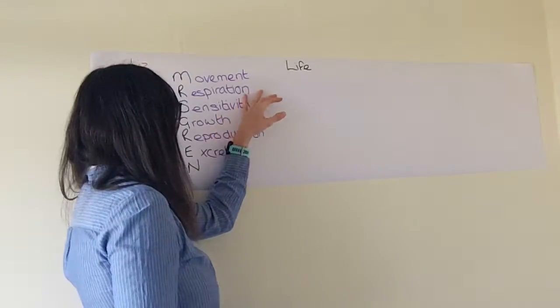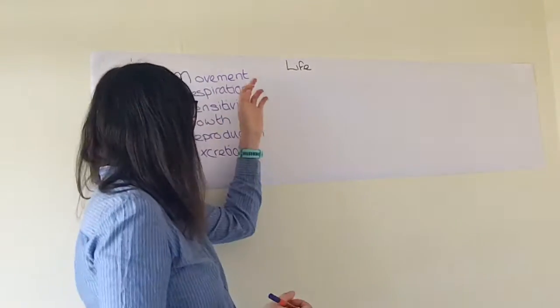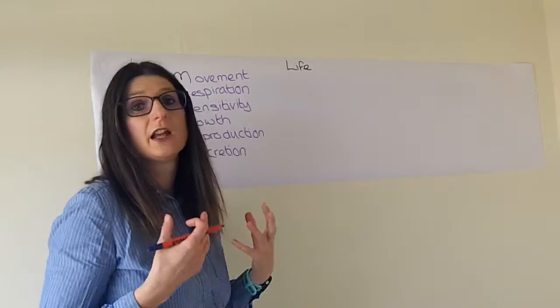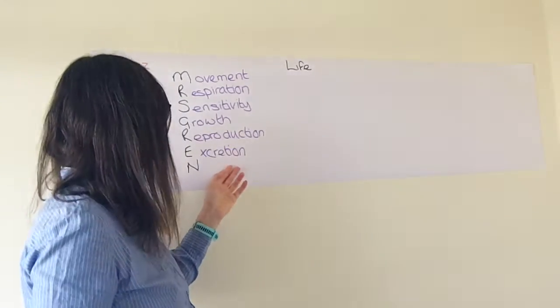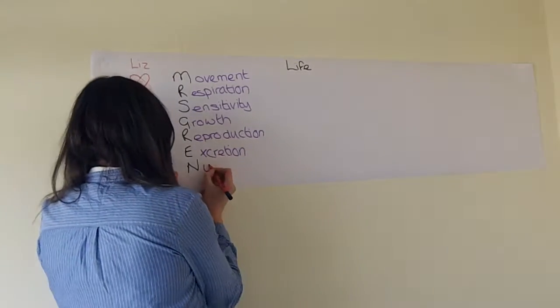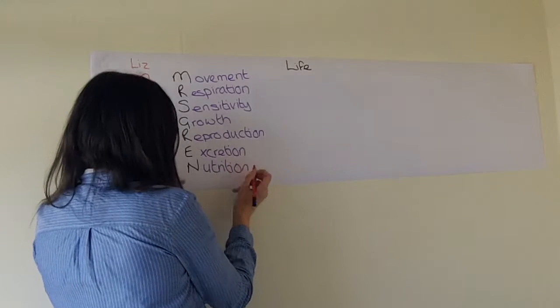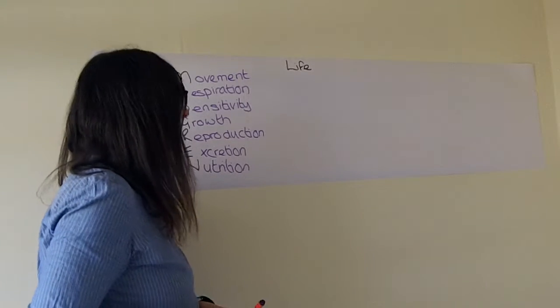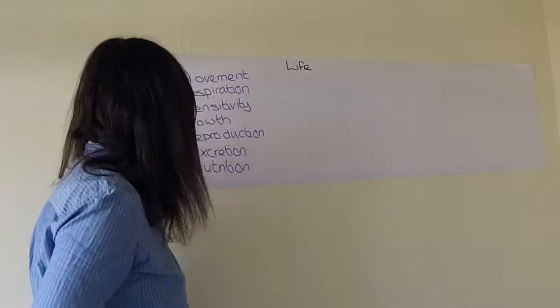And that's closely linked to respiration in some respects because it's getting rid of carbon dioxide. It's also getting rid of waste that we produce through food, which brings us on to N, which is nutrition. So, anything that's alive does these 7 things.